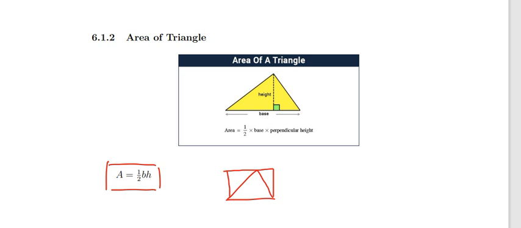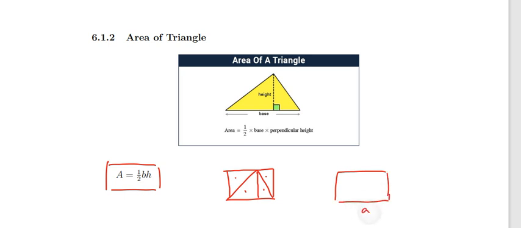So we can say the triangle's area equals half of this rectangle, because this is the same, this is the same, right? So it's just half of a rectangle. For a rectangle, the area is easy, right?